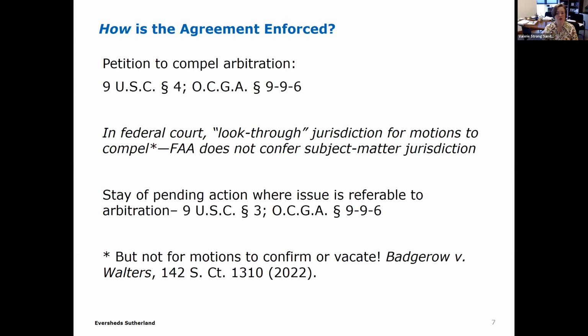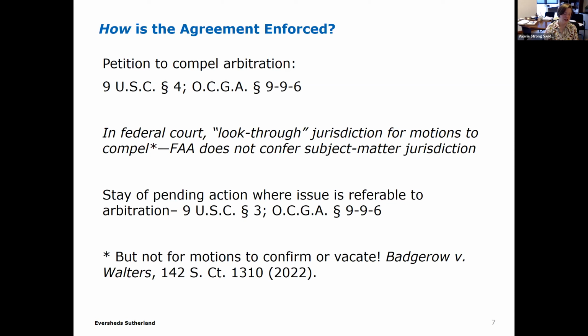But if I wish to enforce the arbitration agreement, I am going to file in the case in which I have been sued. As the defendant, I am going to file a petition or motion, actually, if there's pending litigation, to compel arbitration. So this slide probably should say petition or motion to compel arbitration. These are the sites: the domestic site in the Federal Arbitration Act, and also, I believe, the domestic site under Georgia law, the mechanism by which you can file a petition to compel arbitration.